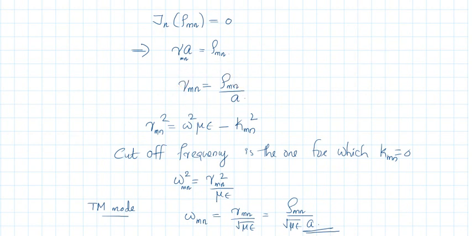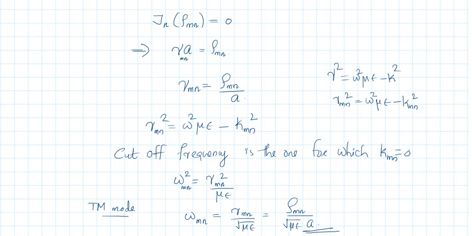Now, we already have this relation: gamma square is equal to omega square mu epsilon minus k square. So, substituting here, you will get gamma mn square is equal to omega square mu epsilon minus k mn square. For a particular value of omega, if you vary this value of gamma, this k will vary.